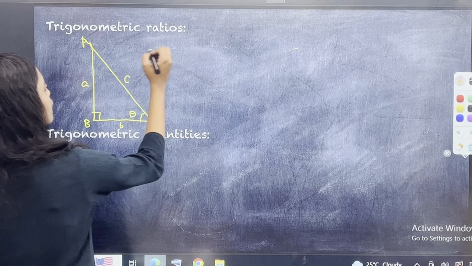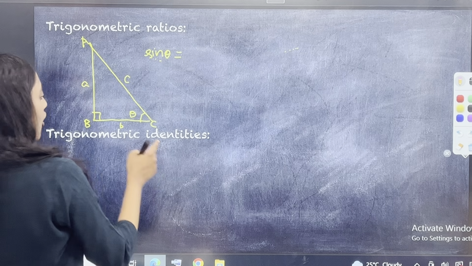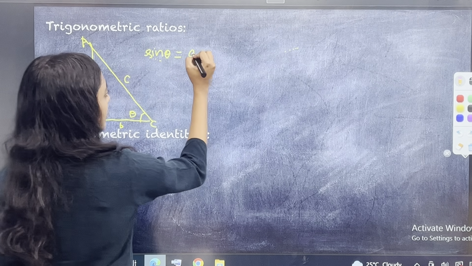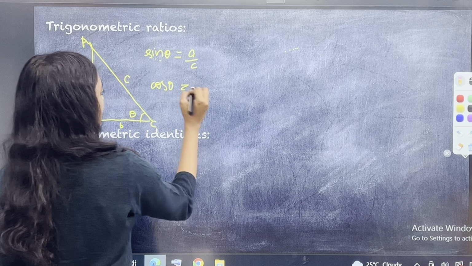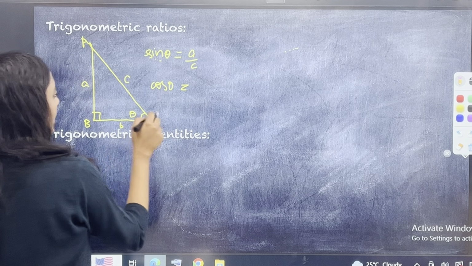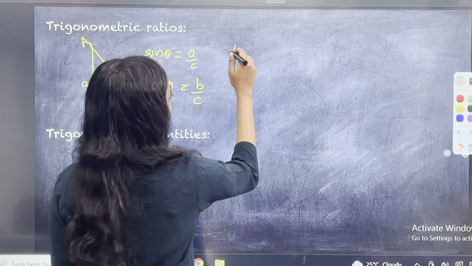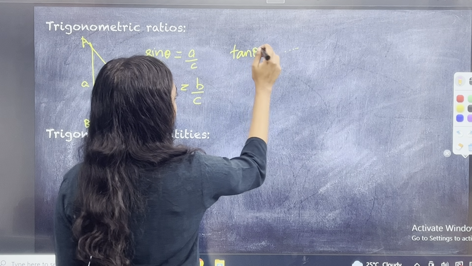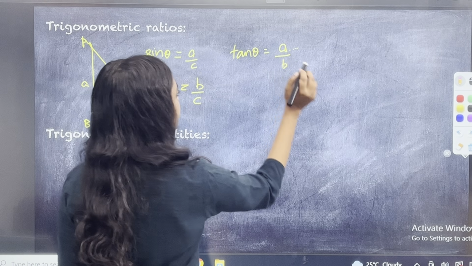We'll look at all the ratios. So you have sine theta, which is opposite by hypotenuse, which is A by C. You have cos theta, which is base by hypotenuse, which is B by C. Then you have tan theta, which is opposite divided by adjacent, A divided by B, right?